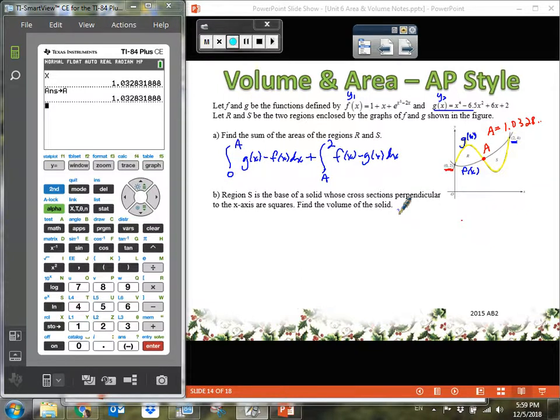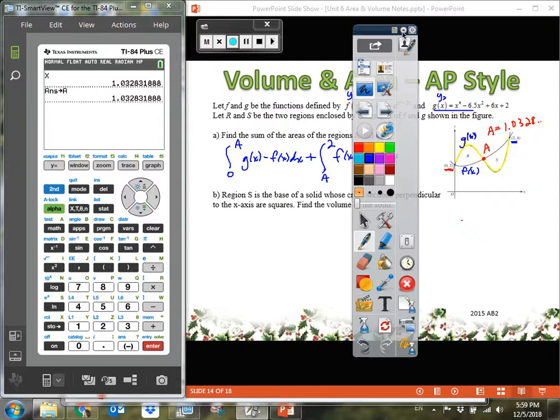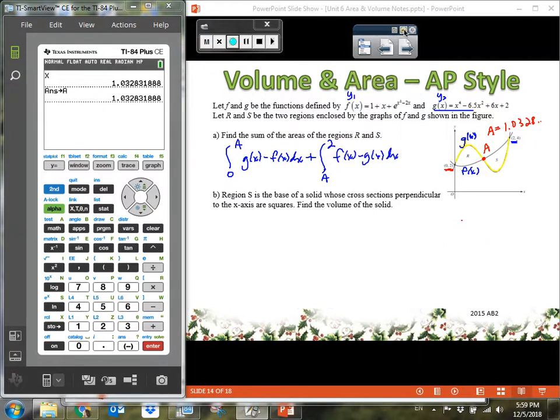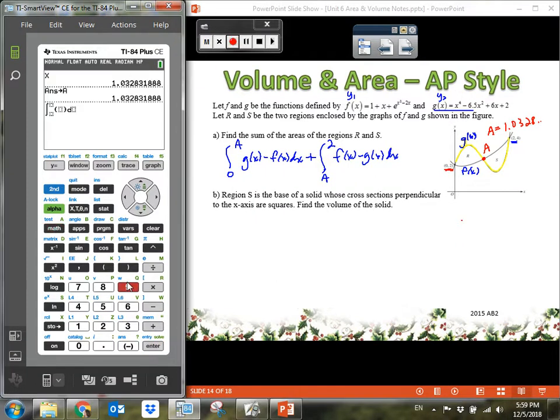Let's go put that in our calculator. Okay, so we do math 9, and we're going to go from 0 to A. And let's see what our conversion was. Let's see, we said G is Y2.